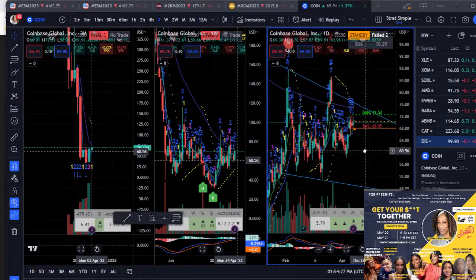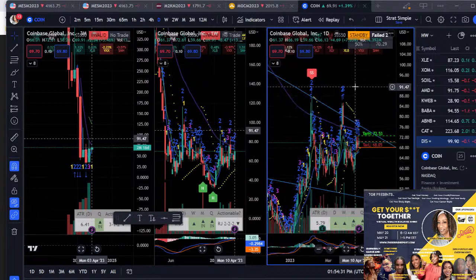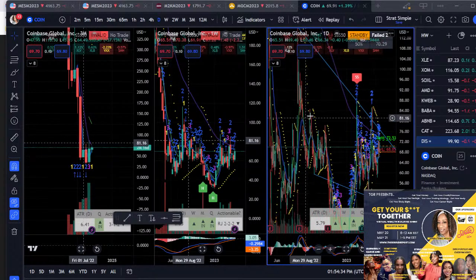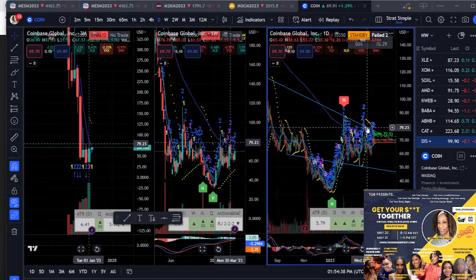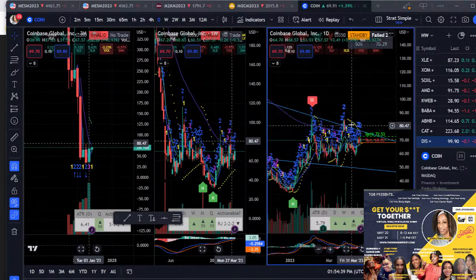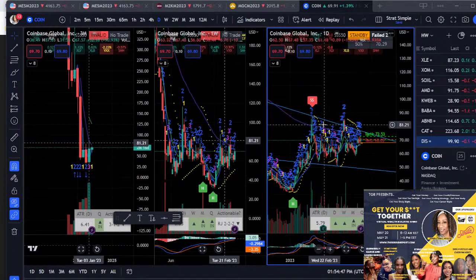So if it can break out of there and finally make a new high, if you look, yep, that's why that wedge is there. Really needs to break that 87. And then breaking that 87.43 would be great.